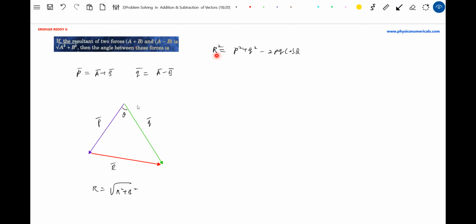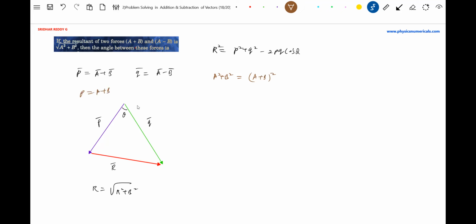Okay, let's do one thing. Do we know the R square value? Let's substitute for the further calculation. So R square will be A square plus B square. P is what? A plus B whole square.